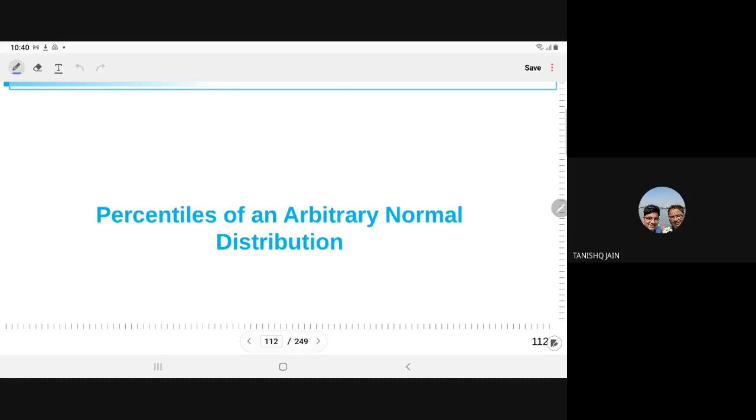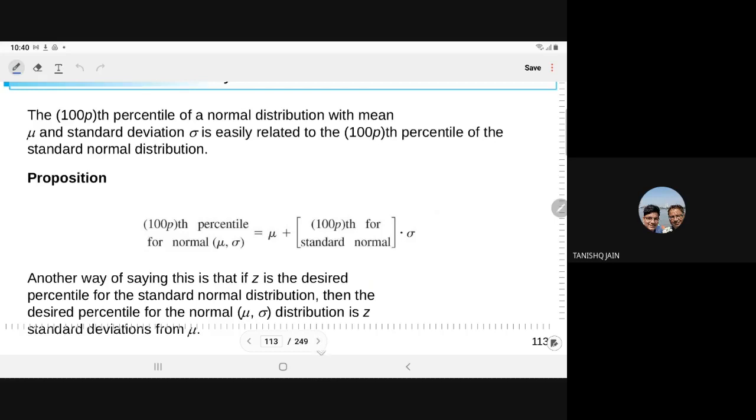Again, the same thing: the percentile for an arbitrary normal distribution. You have the idea how to compute the percentile. For the 100 times p-th percentile, phi of z is equal to p, and z is x minus mu upon sigma.